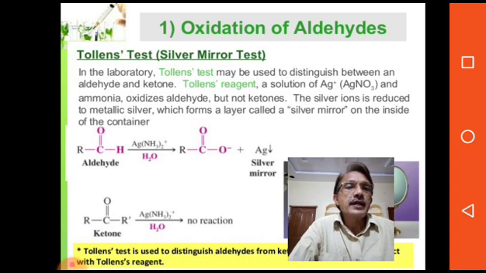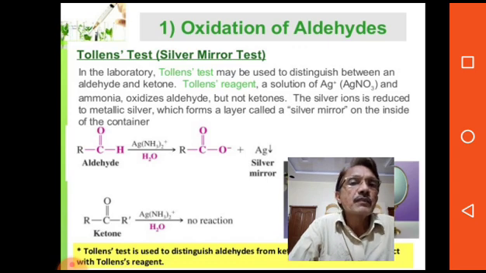So aldehyde oxidizes silver oxide to metallic silver. Silver oxide is reduced to metallic silver and aldehyde is oxidized to carboxylic acid. Since Tollens reagent is an oxidizing agent, it undergoes reduction.